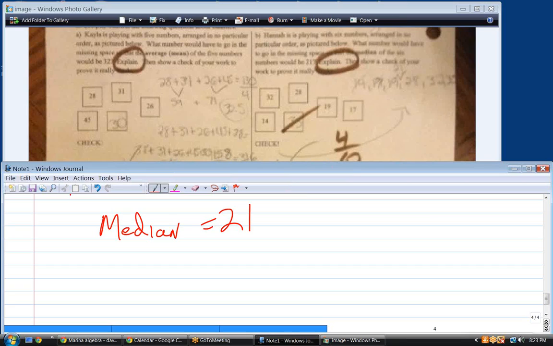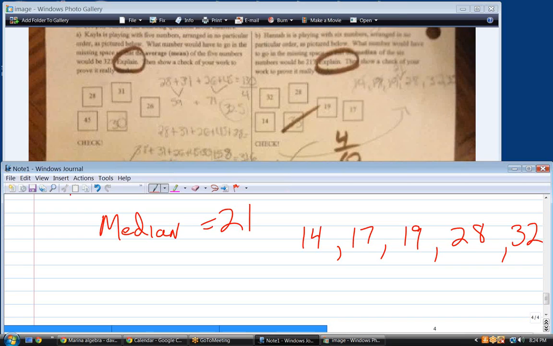But since we're looking for the median, we want to put these numbers in order by size. There's one missing one, and the missing one is the middle one.